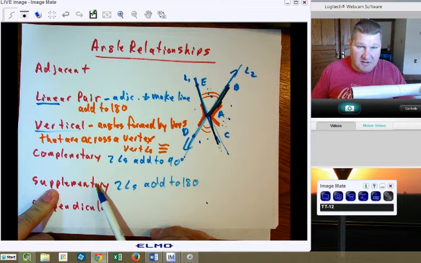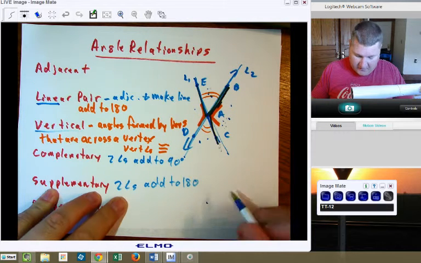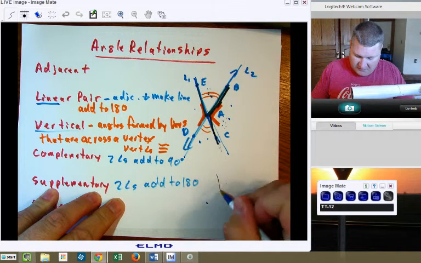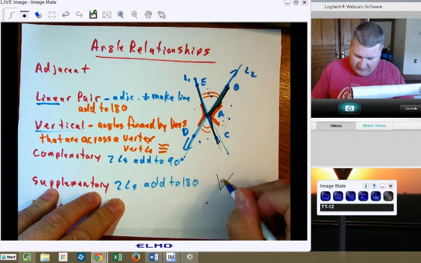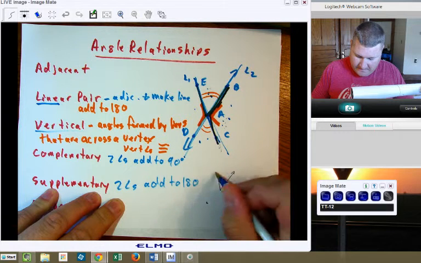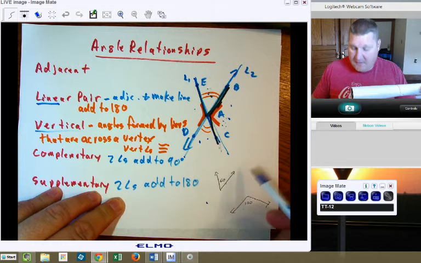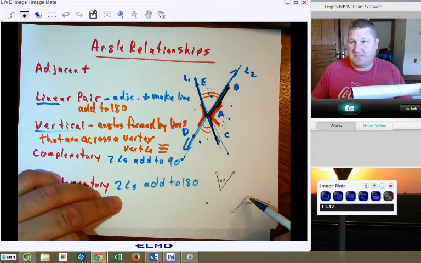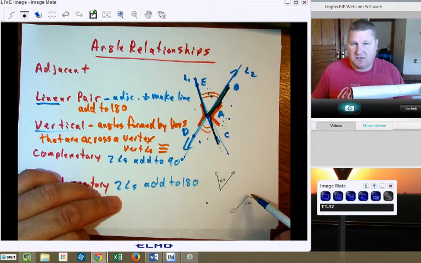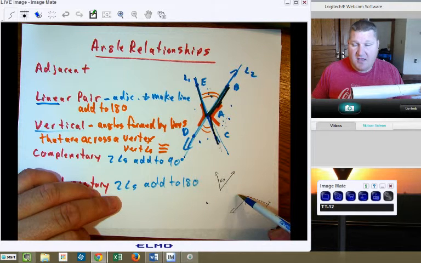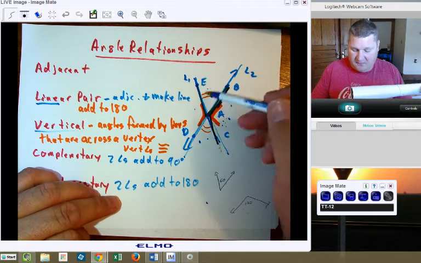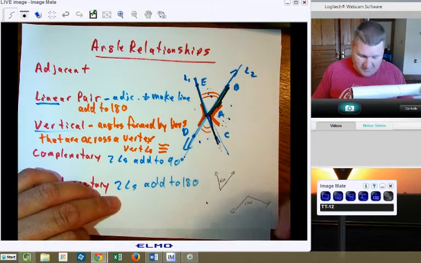But supplementary angles are not always linear pairs, because one of the things we could do with a supplementary angle is if I have a 60-degree angle over here, and I have over here facing in an entirely different direction, 120 degrees, these two angles are supplementary, but they are not a linear pair because they are not adjacent to one another. So supplementary, but not a linear pair. These are a linear pair and supplementary.